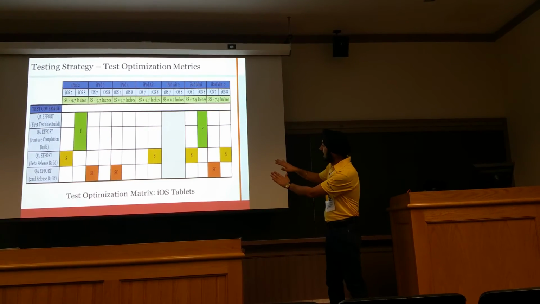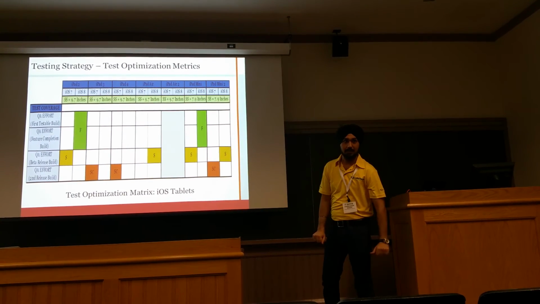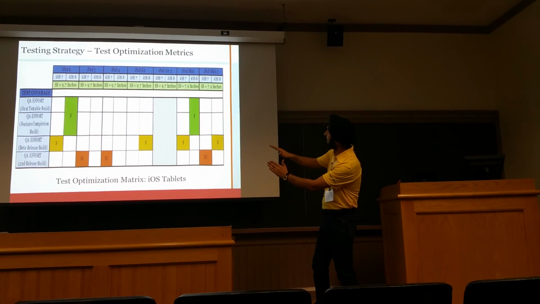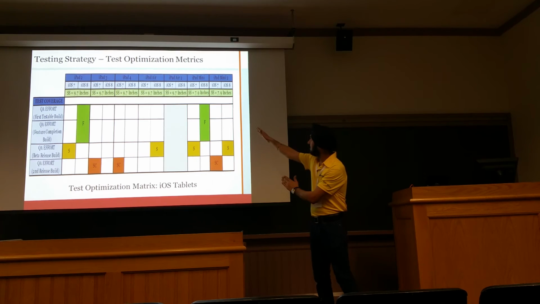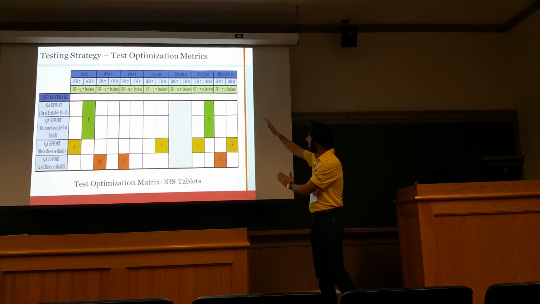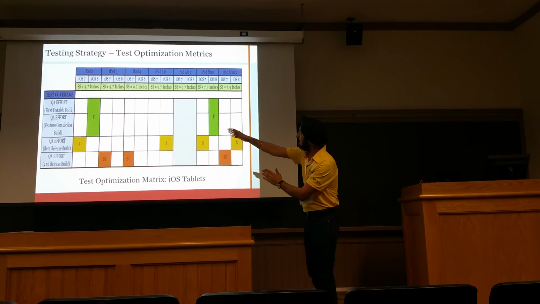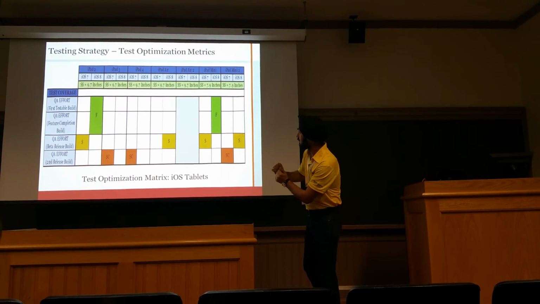Now, if we talk about iOS tablets, what we have done is we have divided them into 2 categories with different screen sizes. There are screen sizes ranging from 8 to 10 inches and there are screen sizes above 10 inches.